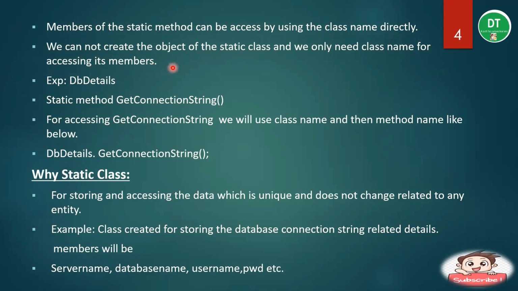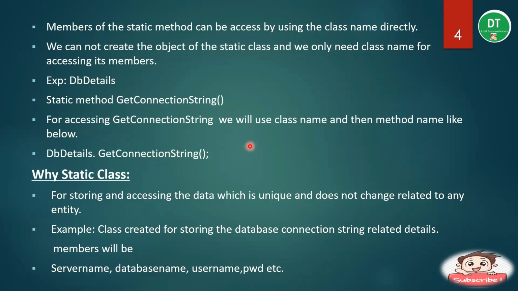Example of a static class I have given here is dbDetails. Suppose I have created one class dbDetails which is static and I have one method, get connection string. This is also a static method. For accessing this get connection string method, I need to use the class name, then dot, then the name of the method. Like here you can see dbDetails dot get connection string.